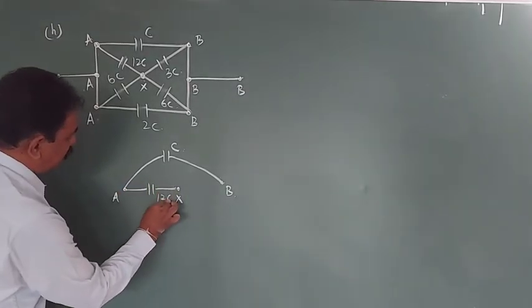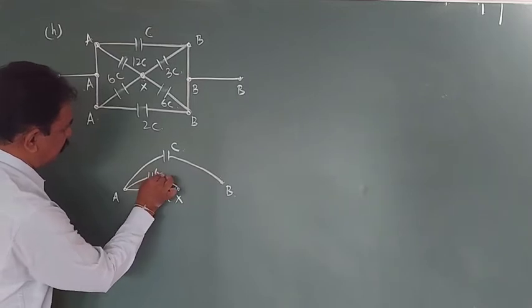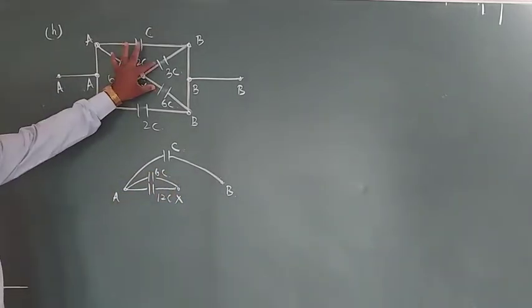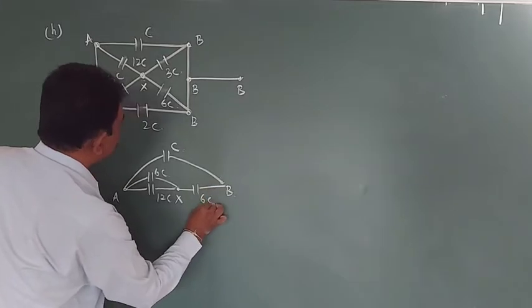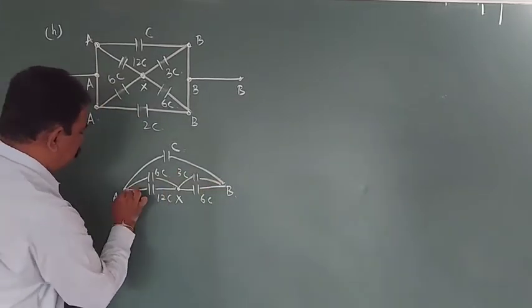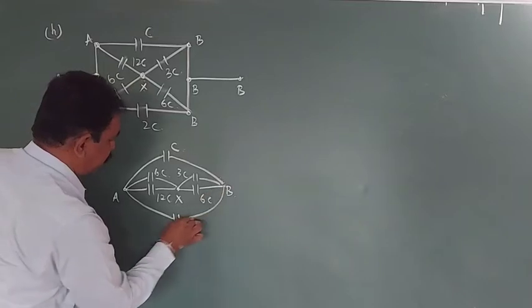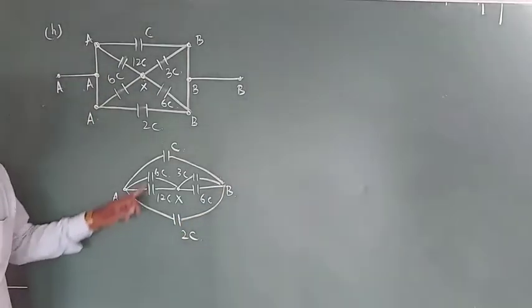This is 12, this will be 6. You can take any manner. How are these two there? This is 6, this will be 3, and this will be 2C. Like that it is there.